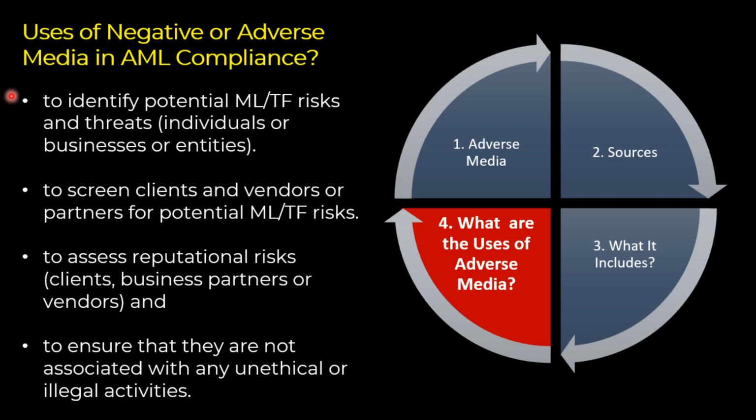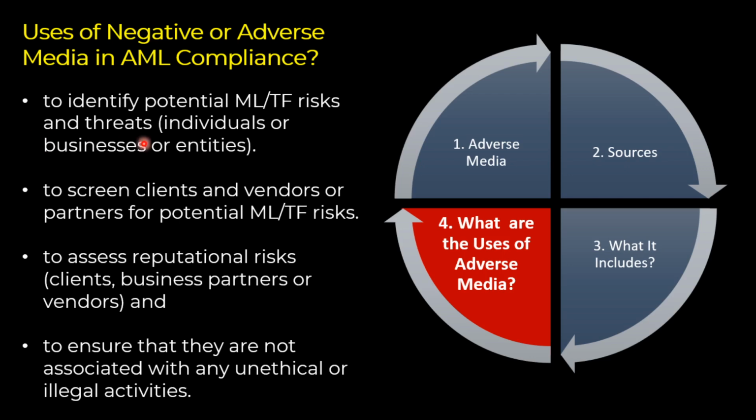We know that AML compliance is mandatory for financial institutions to ensure that money laundering and terrorist financing risks are avoided and criminals are not onboarded by the institutions. So, negative or adverse media items are used to identify potential money laundering risk or terrorist financing risk and threats at the time of onboarding any individual customer or business customer or entities.